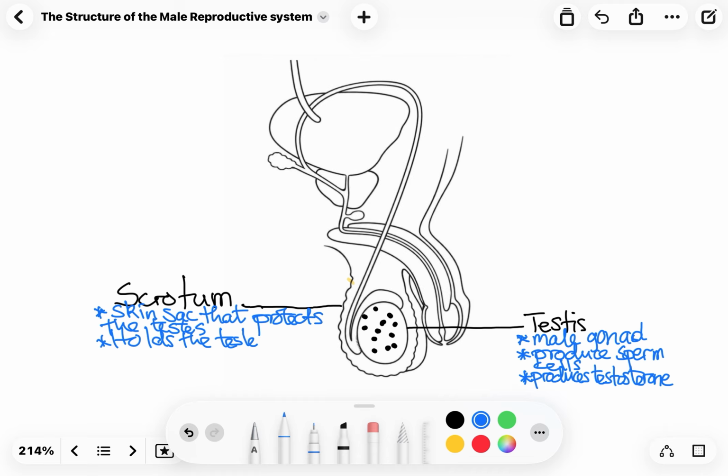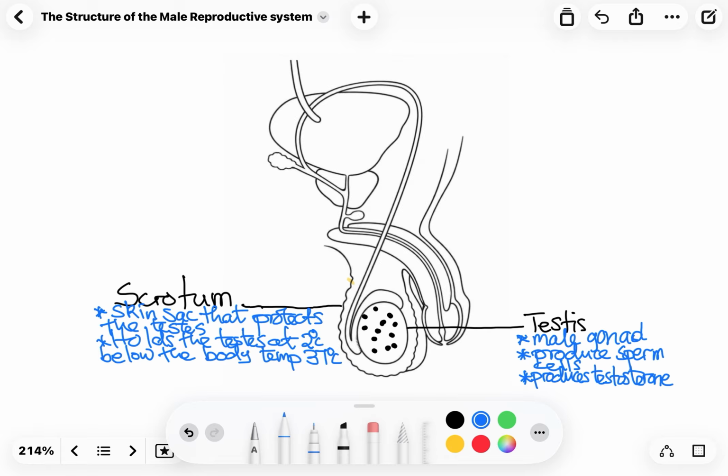Number two, it holds the testes at a temperature that is 2 degrees Celsius below the body temperature, which is usually quoted at 37 degrees Celsius.